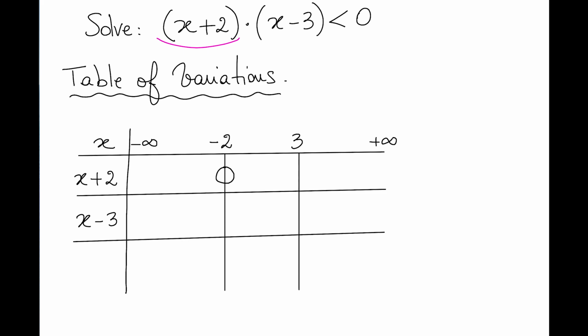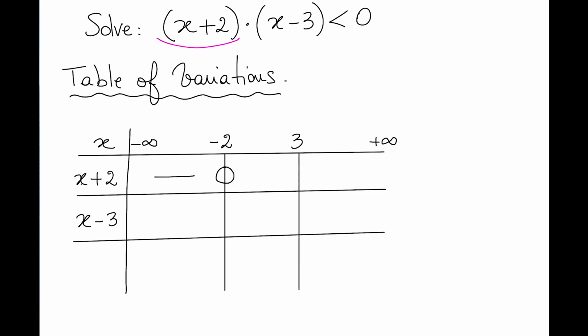And that sign is negative. Just choose any number before minus 2 and check. For example, check at minus 3. If x is minus 3, x plus 2 becomes minus 1, and as such the sign is going to be negative.